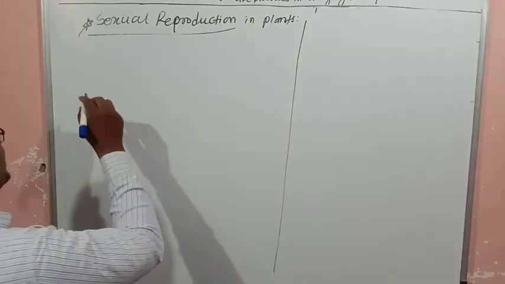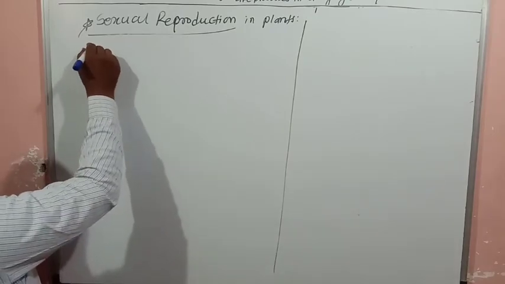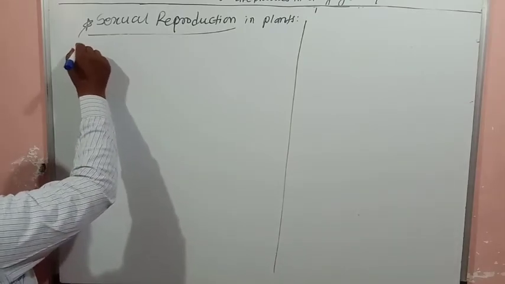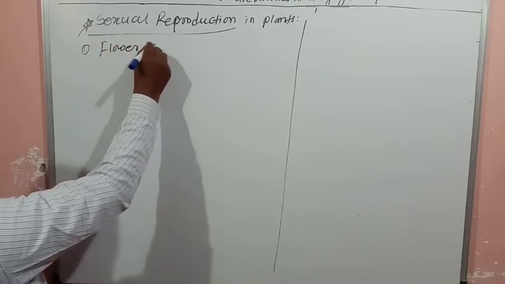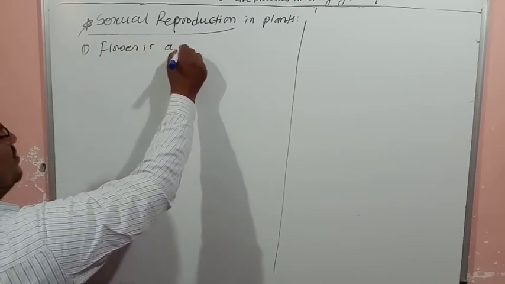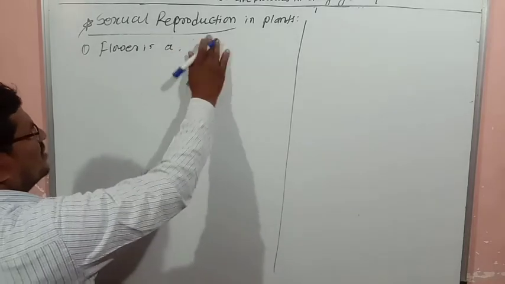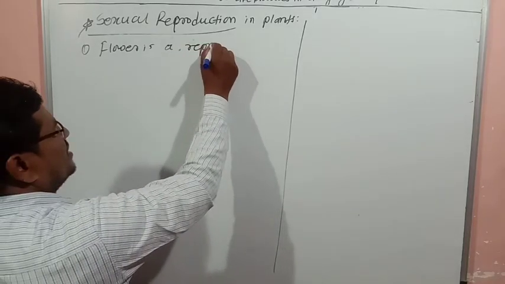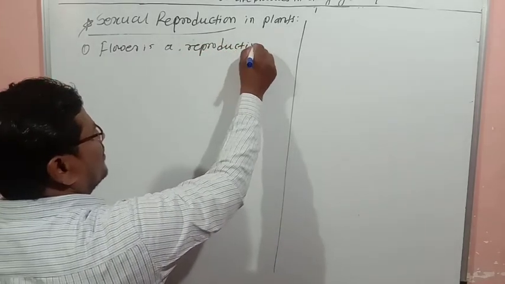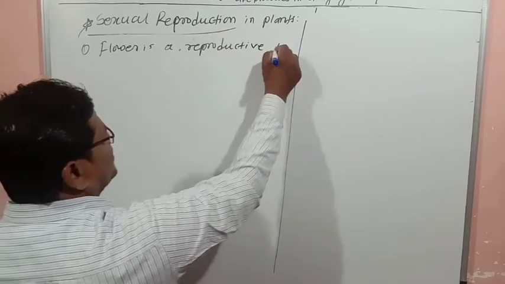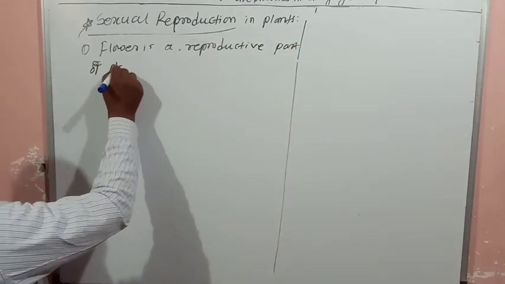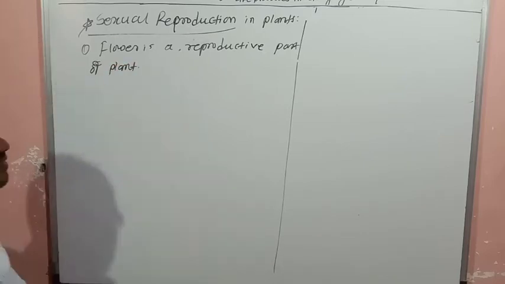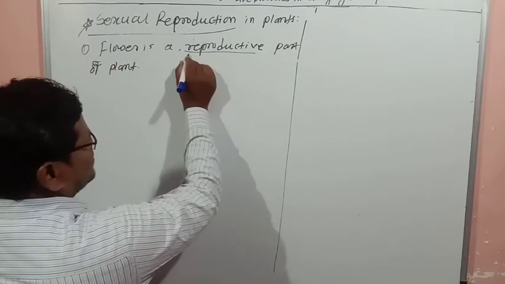So the first point is that a flower is the reproductive part of the plant.